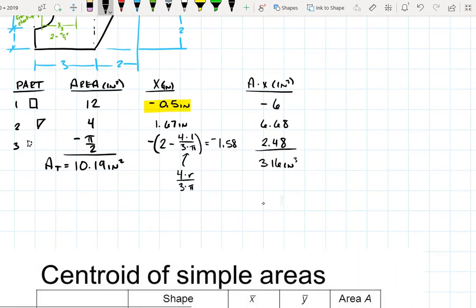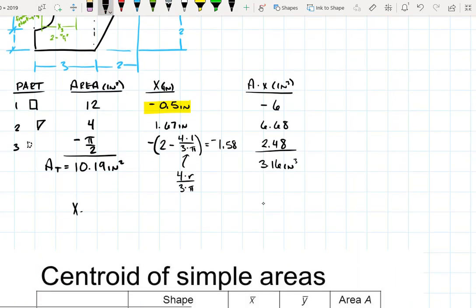All right, so then x sub c is 3.16 divided by 10.19 inches squared. So 3.16 divided by 10.19 is 0.31.